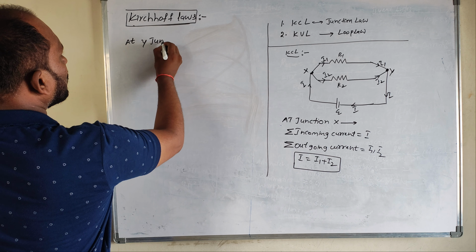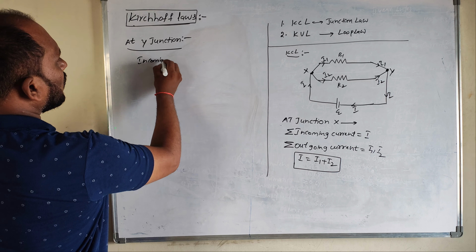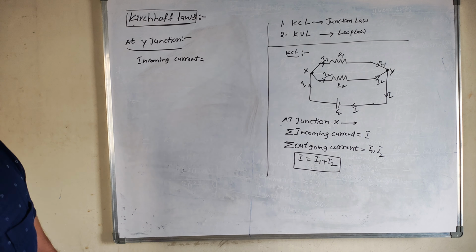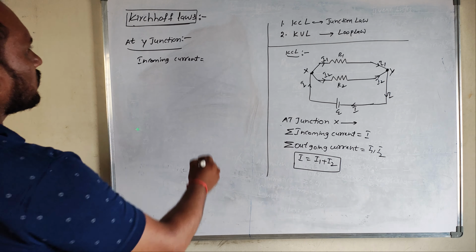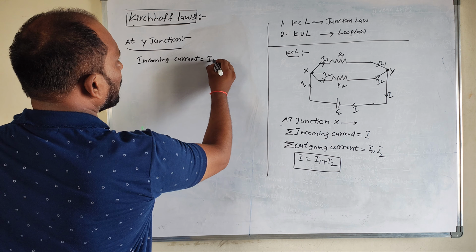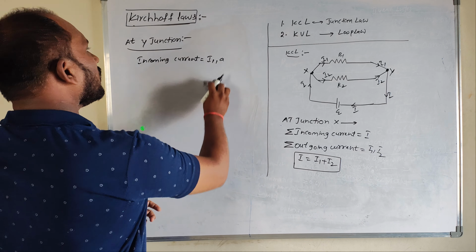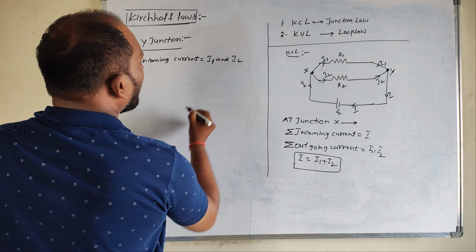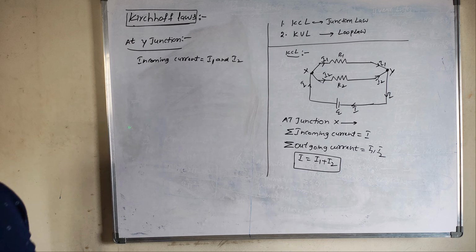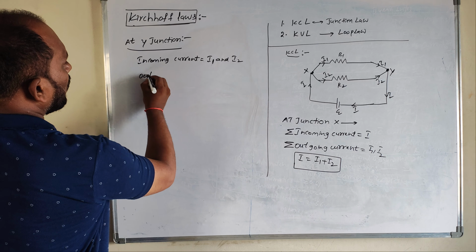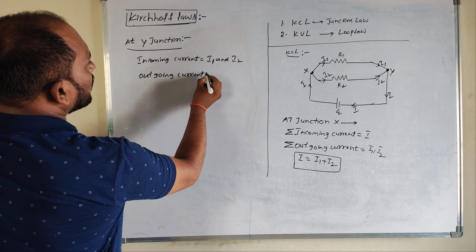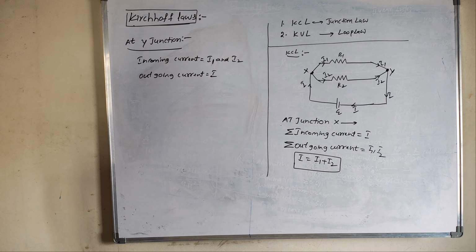At the Y junction, the incoming currents are I1 and I2, and the outgoing current is I. So once again, the same rule.